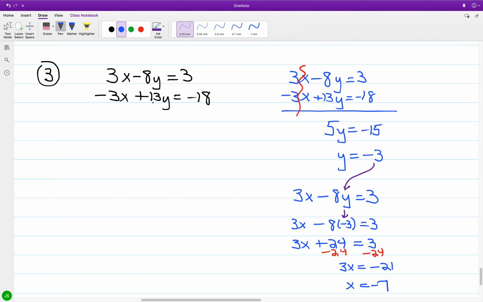Positive 21 and negative 39, if you add together, will come out to negative 18. So for the solution, we have x equal to negative 7, y equal to negative 3, and you can also express this, once again, in ordered pair terms: negative 7 and negative 3.